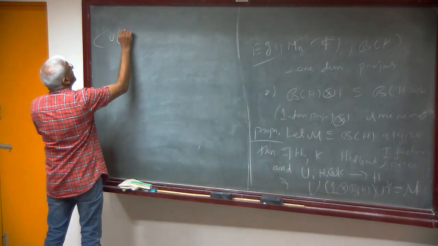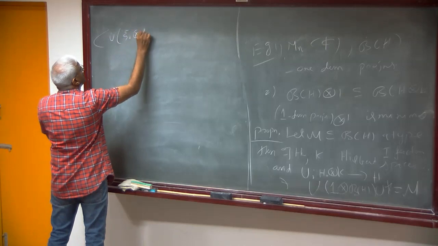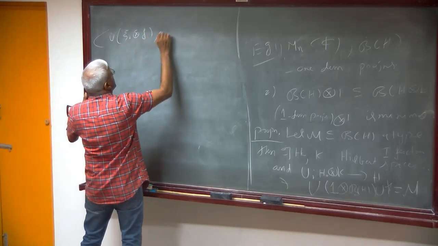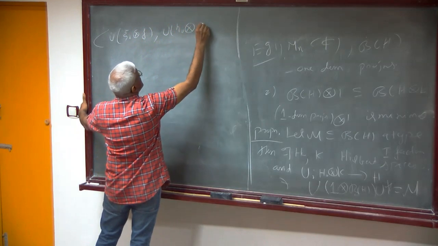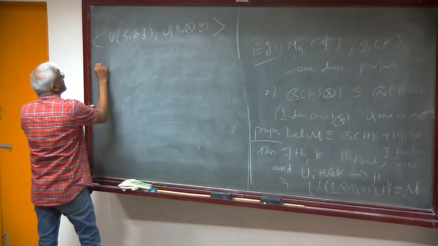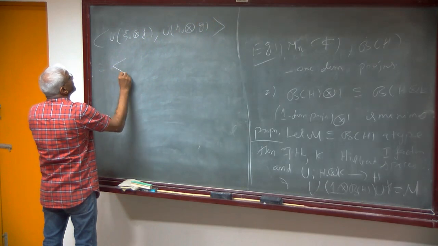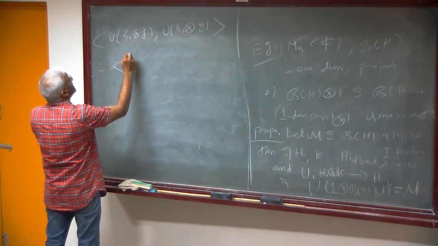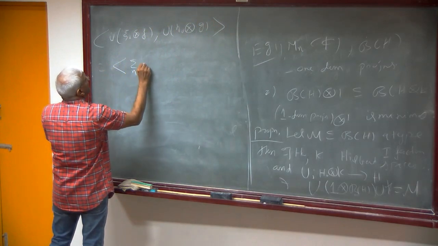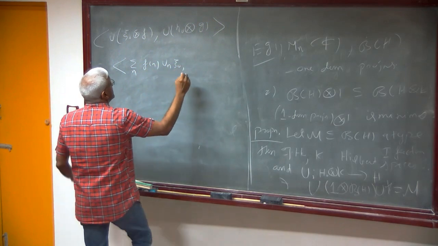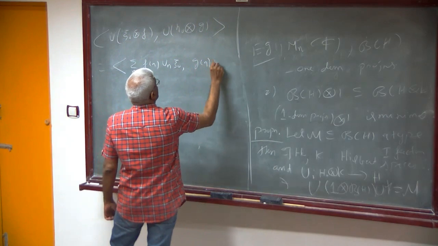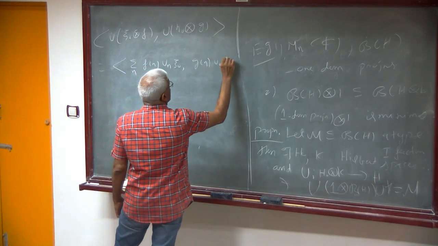U of xi naught tensor f, U of eta naught tensor g, the inner product, is equal to the inner product of the summation over n, f of n, un xi naught, g of n, un eta naught.